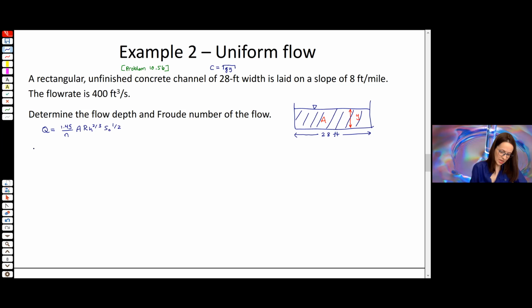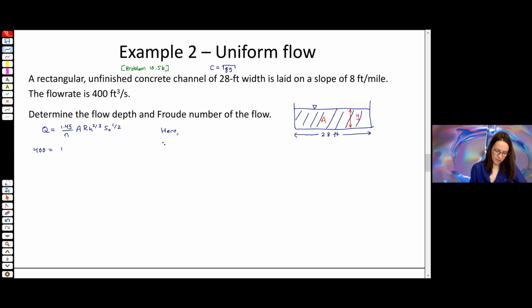Just plugging in all the numbers that we have available, the flow rate is 400 cubic feet per second. Let's come over to the right and calculate the other items that we need.